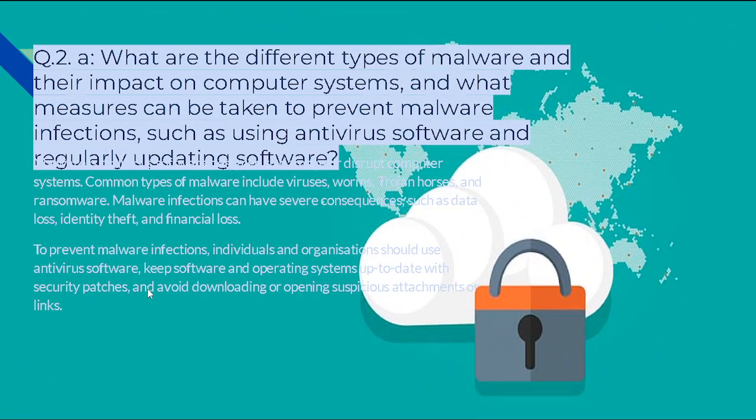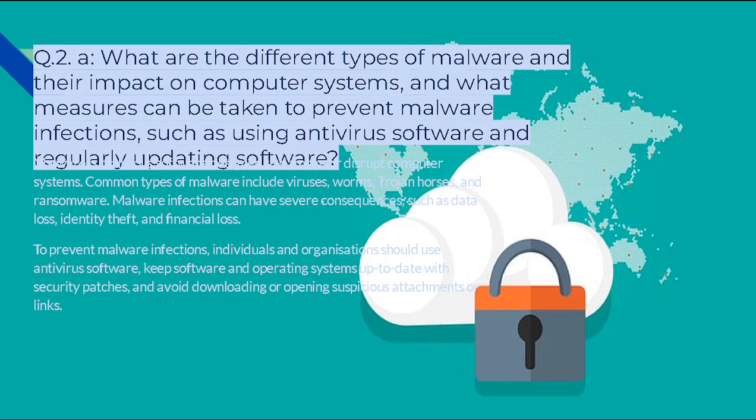Another question is what are the different types of malware and their impact on computer system, and what measures can be taken to prevent malware infection, such as using antivirus software and regularly updating software. So there are different kind of malwares which include viruses, worms, Trojan horses, ransomware, backdoor, rootkit, etc. So malware infection can have severe consequences such as data loss, identity theft, and financial loss.